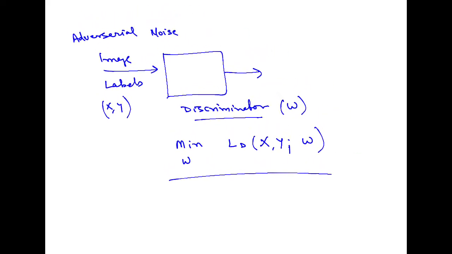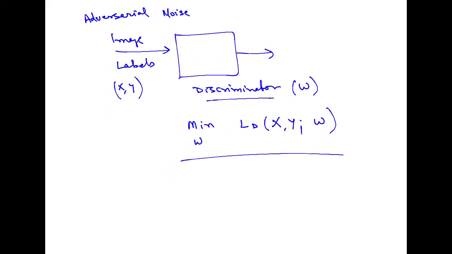Okay, fine. Now what you want to do is, to an image xi, add a noise, let's say epsilon times eta i, such that the discriminator can no longer get the right predictions.